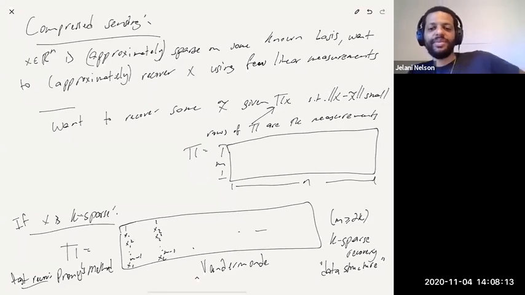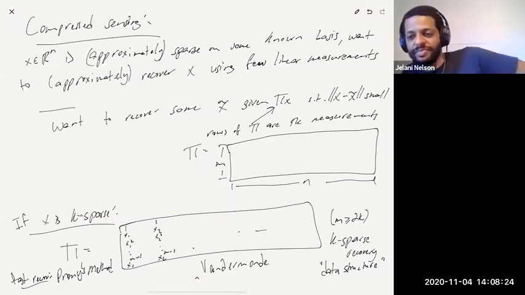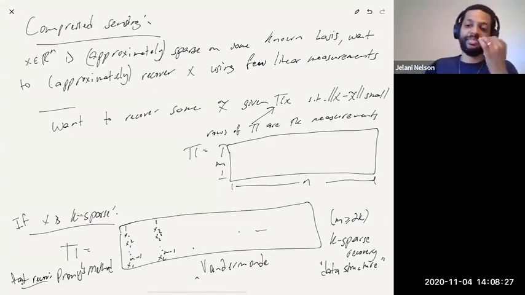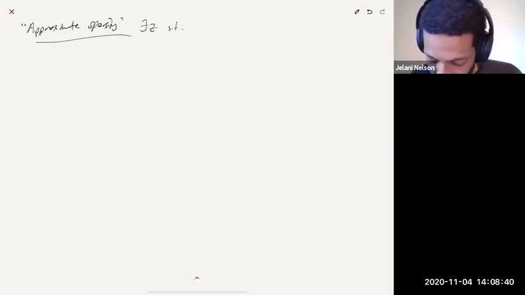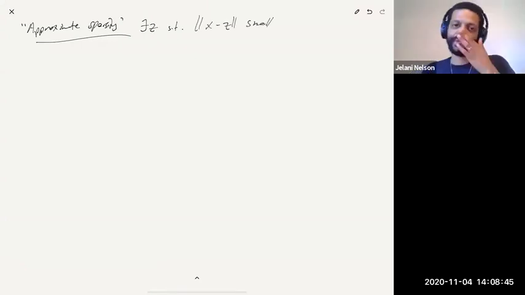Okay, so that's it for exactly k-sparse vectors. But you often have a vector which is not exactly k-sparse, but approximately k-sparse. And what does approximately k-sparse mean? What I mean is that there exists a z such that x minus z is small in norm.